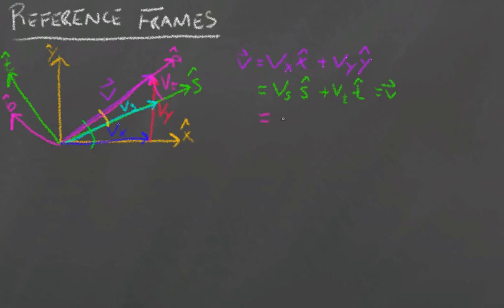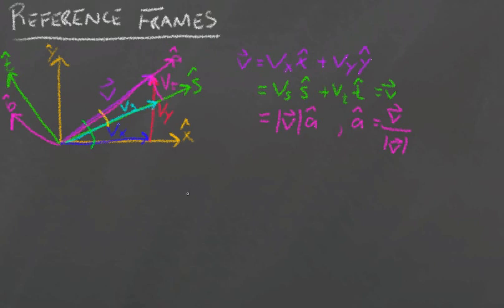So is it possible to write that v is just the magnitude of v times a hat, because a hat I'm choosing in the same direction as v, or in other words, a hat is equal to v over the magnitude of v? And the answer is yes, you can do that too.